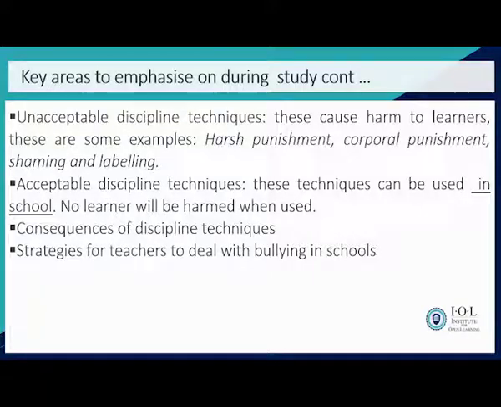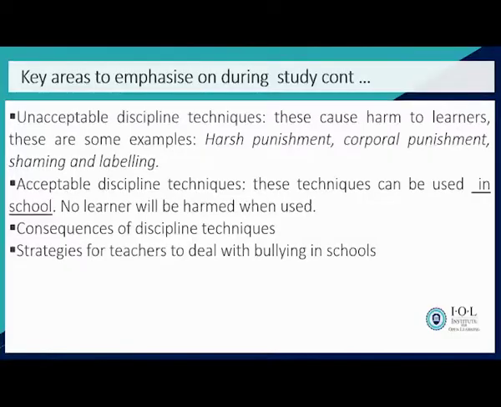So the next day, this child is not hurt, but the child will realize that if I continue doing this, then I will not be allowed to play with others. And you need to take away exactly what the child likes, so that it also sends a message in the child's mind to know that if I do this, I will be punished, or I will not be allowed to play, or I will not be allowed to do this. And that is how a child learns. Those are the acceptable discipline techniques.